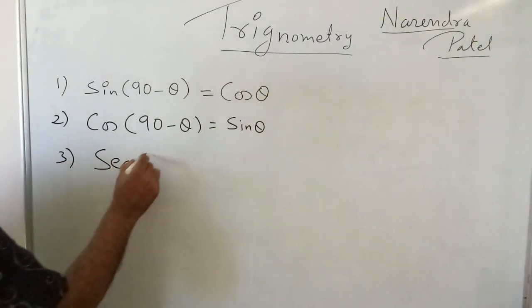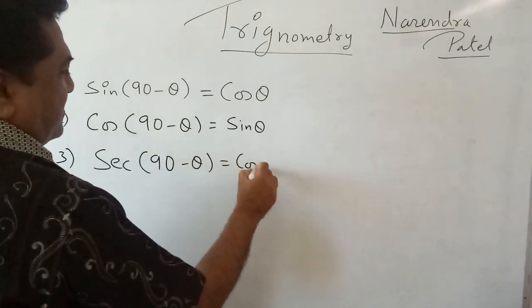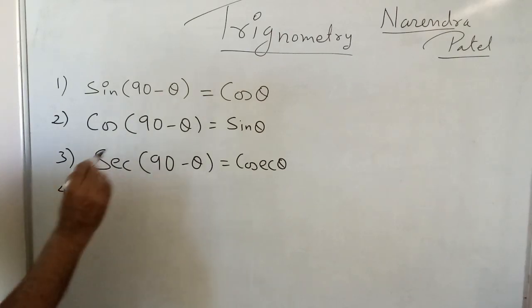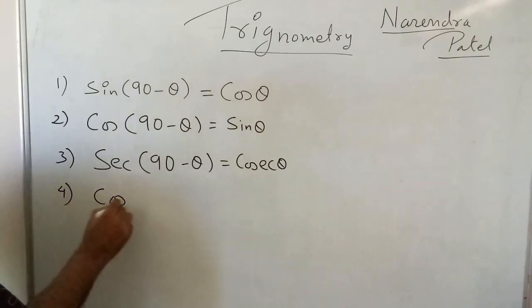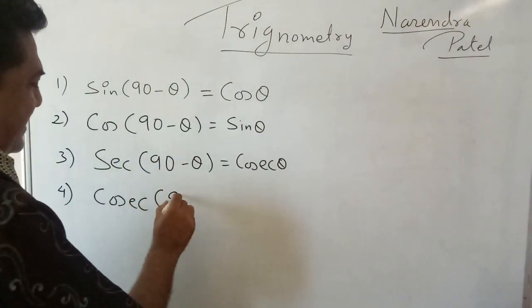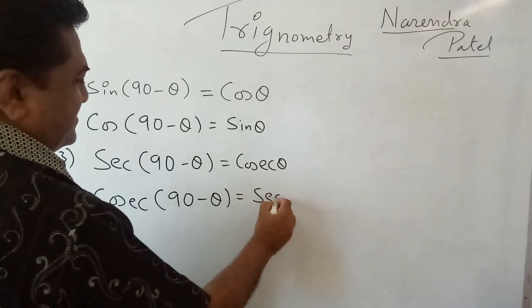Same way you can write sec 90 minus theta is equal to cosec theta. This also you can check by taking any trigonometric angle. Take any angle and check. Same way cosec 90 minus theta is equal to sec theta.